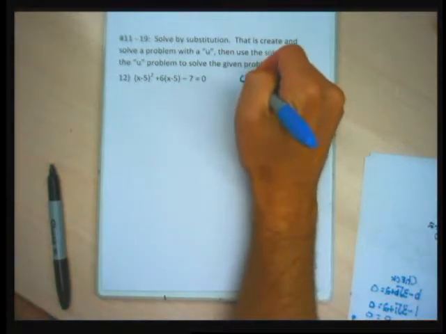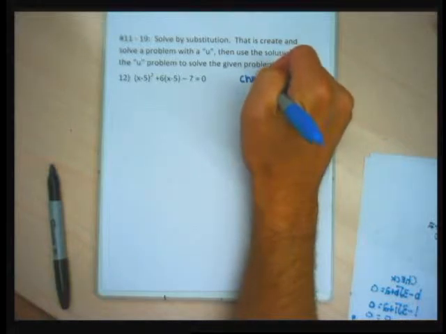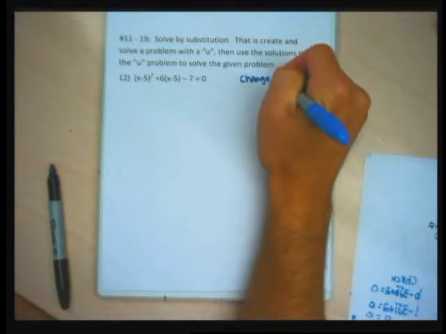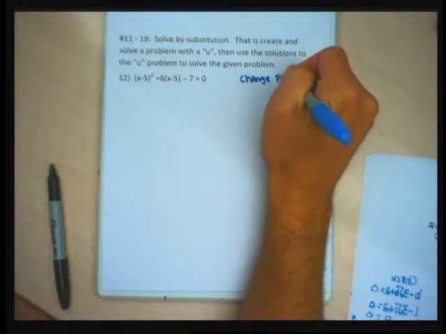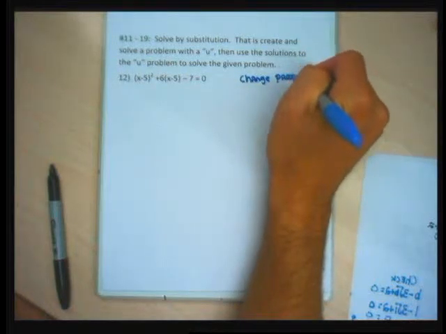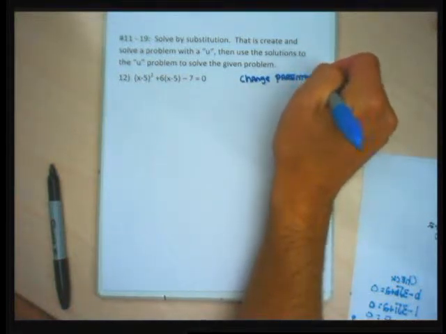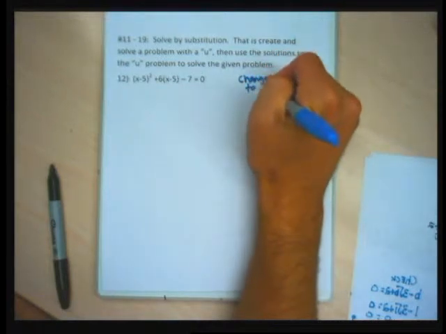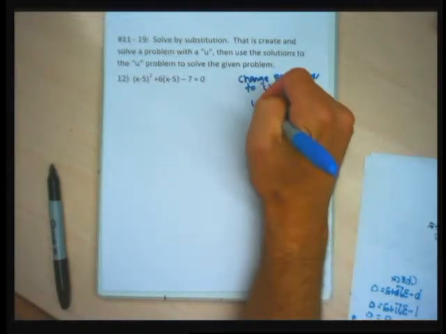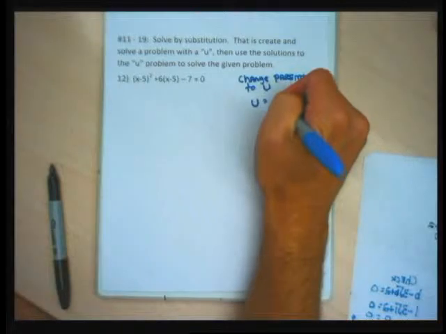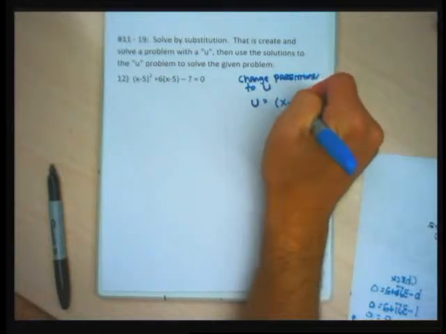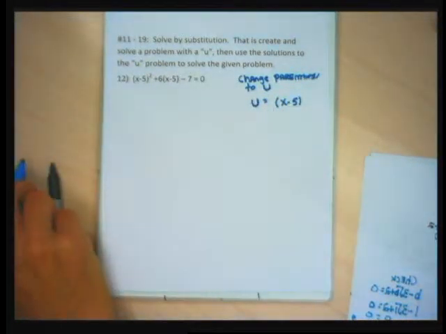So my steps for all the problems between numbers 1 through 19: first, I'm going to change the parentheses to a u. So in this problem, I'm going to change the x minus 5 in parentheses to a u.